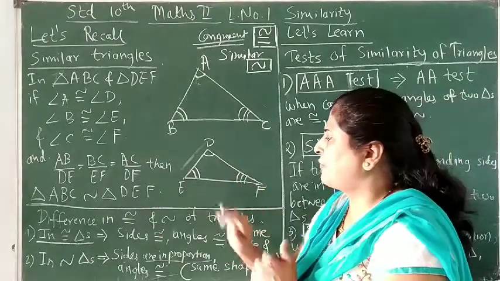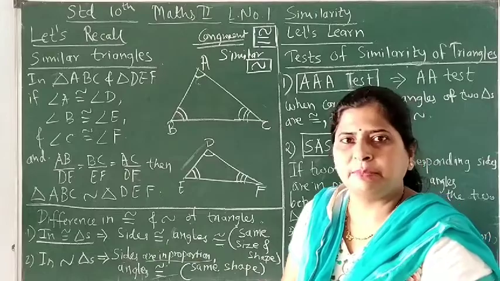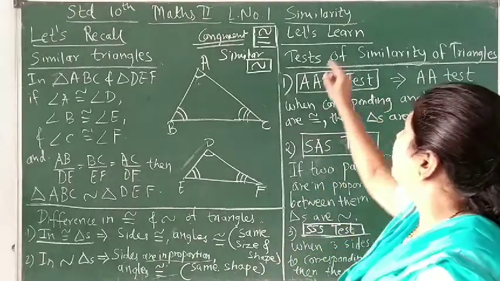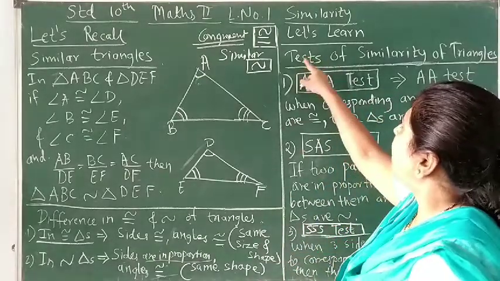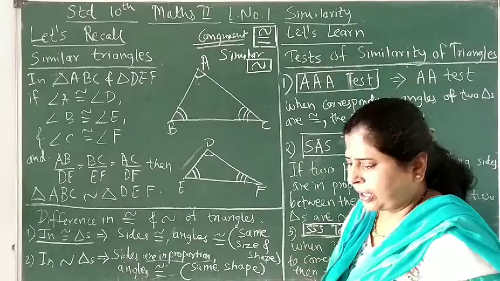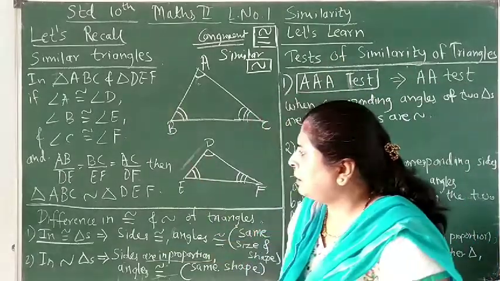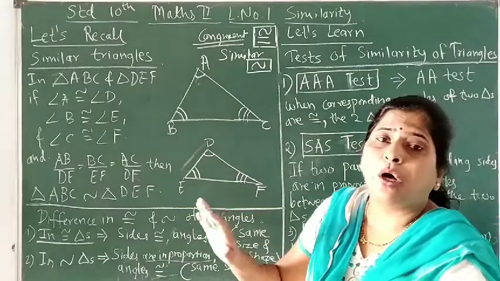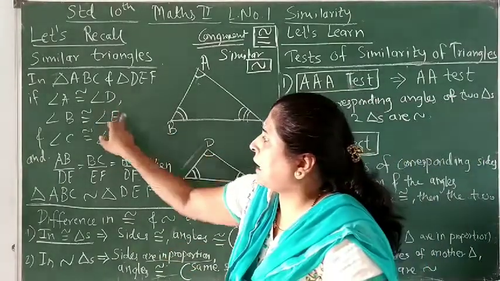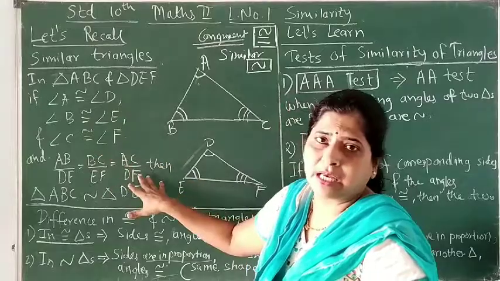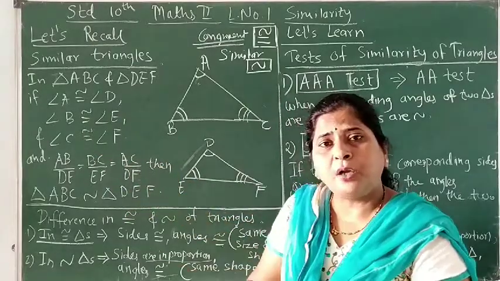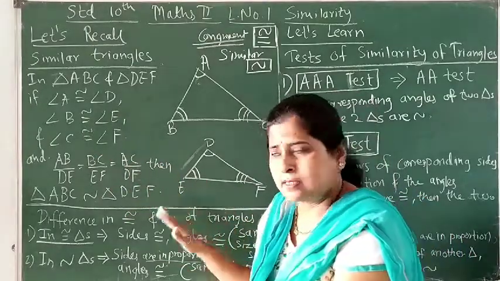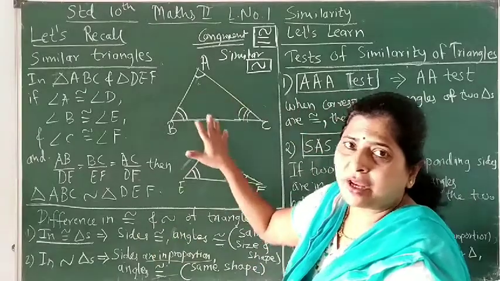Okay, after looking quickly at what is the difference between congruence of triangles and similarity of triangles, now let's learn what the tests of similarity of triangles are. Here we have seen that for two triangles to be similar, we need to know about their angles and sides. But does it require us to know all 6 things, all 3 sides and 3 angles?